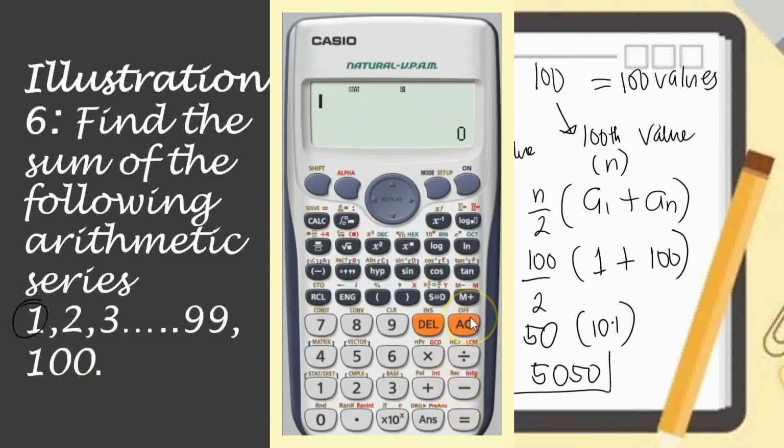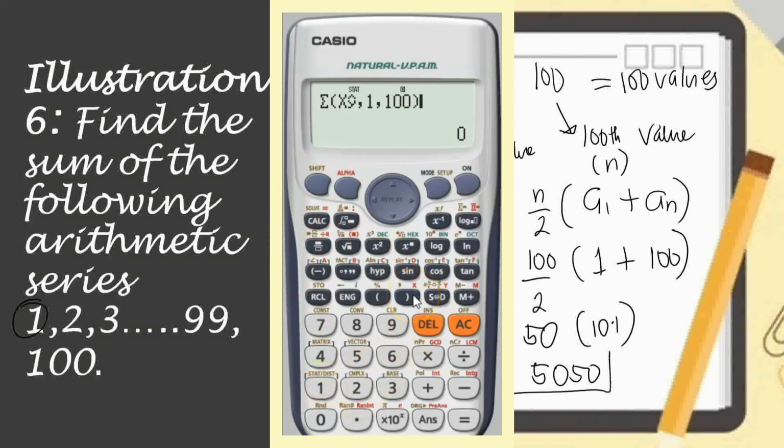And then, AC. And then, shift, then yung log, then alpha x. Shift 1, 5, 5. And then, shift yung close parenthesis. And then, saan tayo mag-i-start? Simula 1 up to 100.